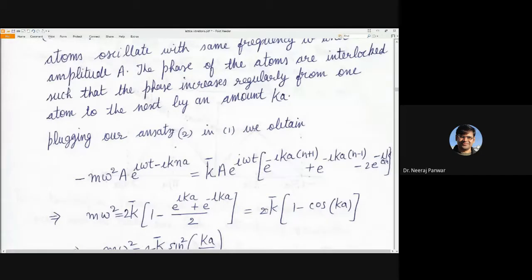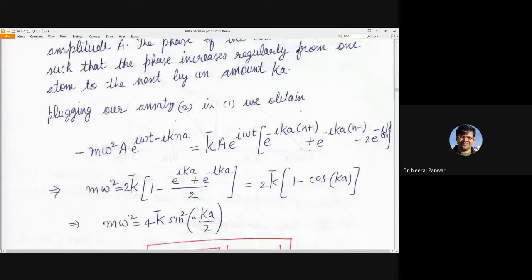So we can write it 2 k bar times 1 minus cos k a, and if we do some mathematics, we can write m omega square is equal to 4 k bar sine square k a by 2.